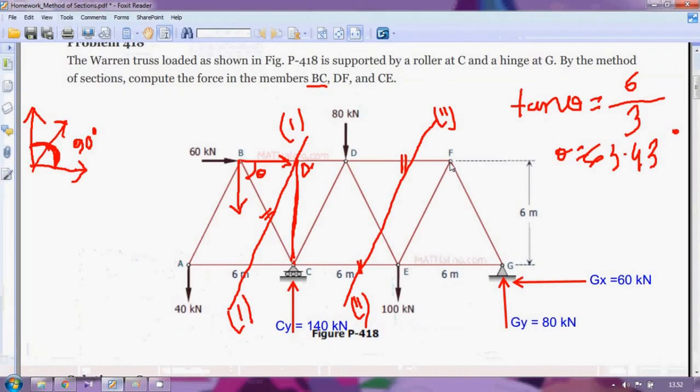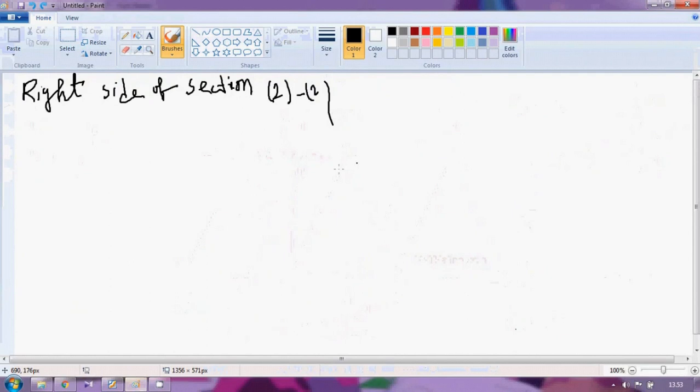If we look at the right side, we have a triangle, and this member force DE and this member force CF will come. So let us draw the section. We have a triangle like this, and there we have a reaction.